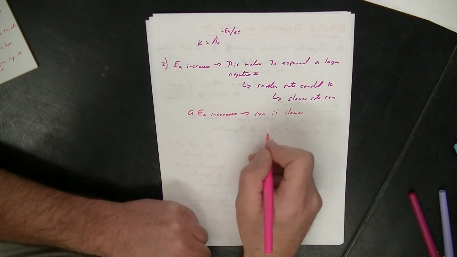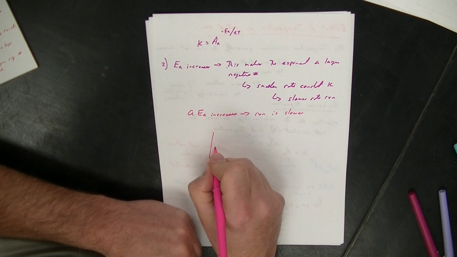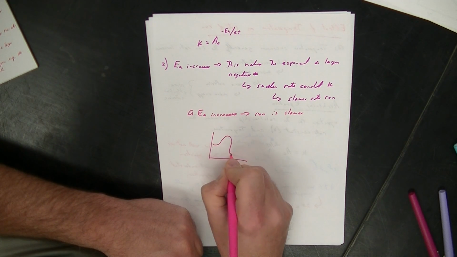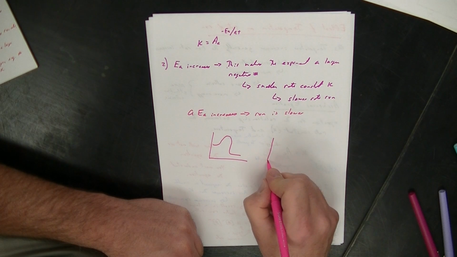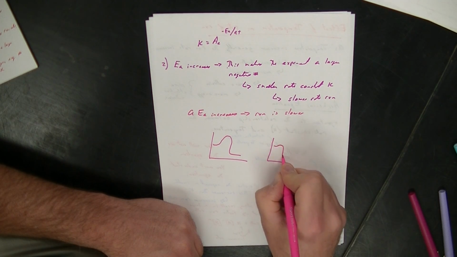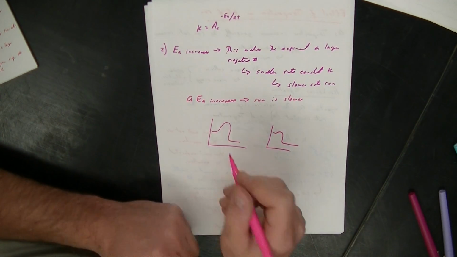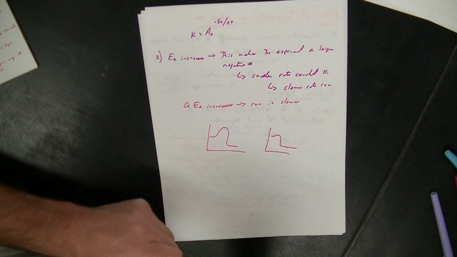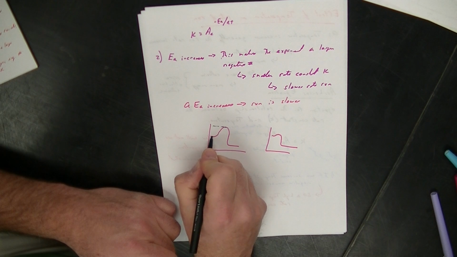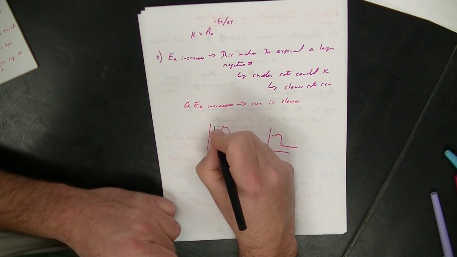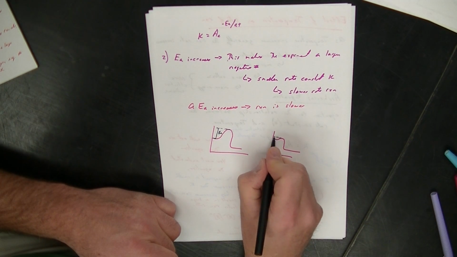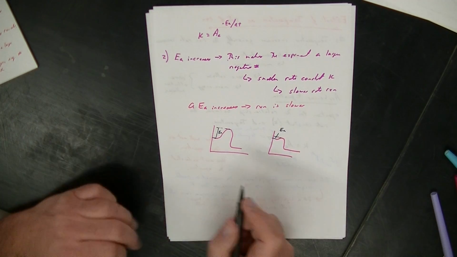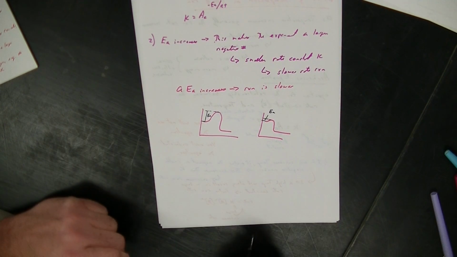So let's compare this potential energy diagram with that potential energy diagram. Remember that this distance right here is our activation energy, EA. Which one of these is going to go faster?